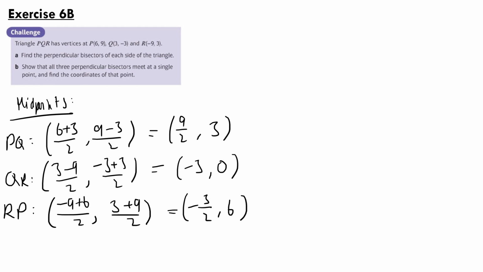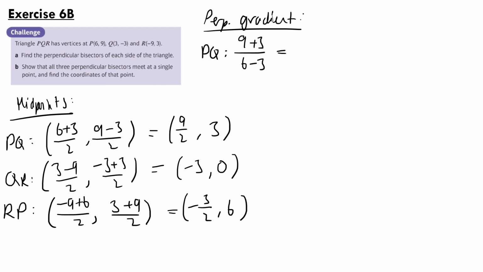Okay, now we can find the perpendicular gradients. For PQ, the gradient is 9 plus 3 over 6 minus 3, which is 4, so the perpendicular gradient is minus 1 over 4.